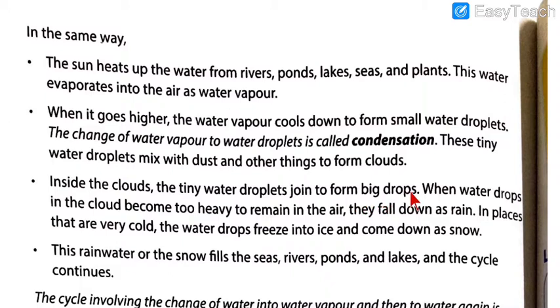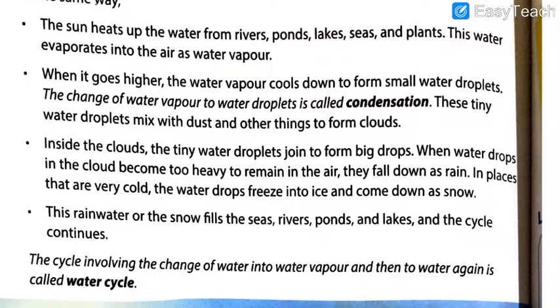So I hope now you got the idea of evaporation. When it goes higher, the water vapor cools down to form small water droplets. The change of the water vapor to the water droplet is called condensation. Students, again the same condensation definition we have learned, referred to in chapter 5, solid, liquid and gases.